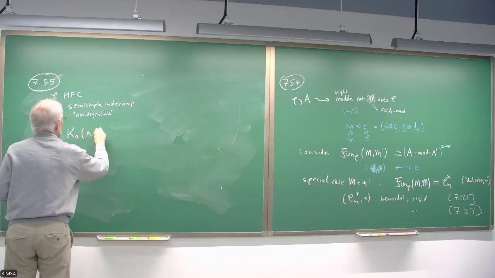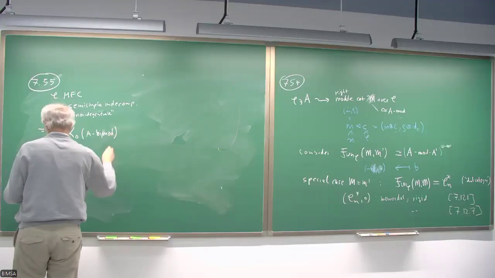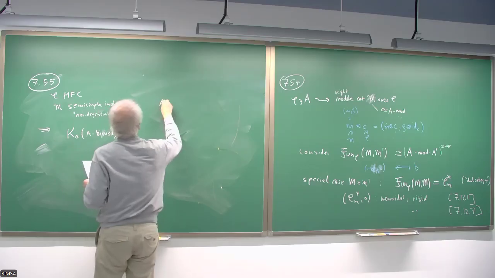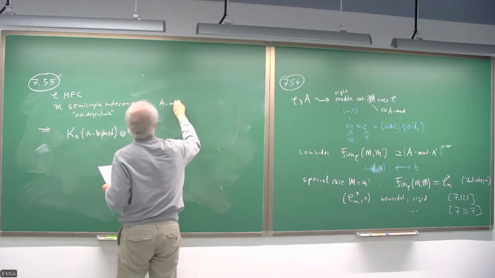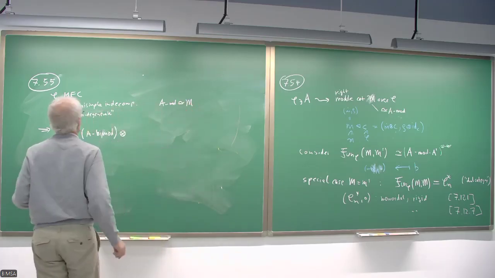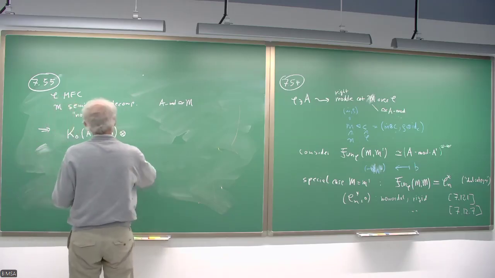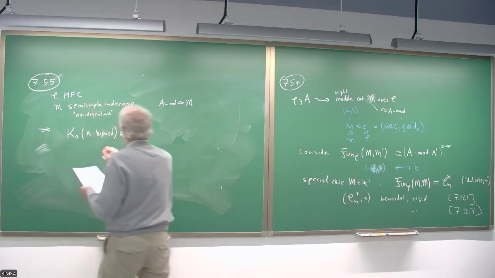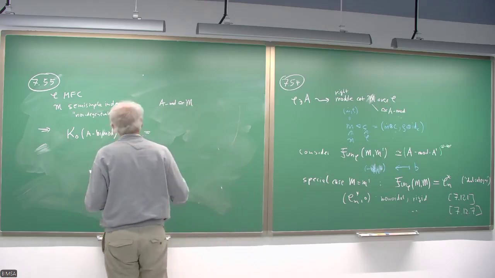So if I look at the category of bimodules, or A, well, A such that its modules are equivalent to M, then one can write this algebra, which we often call the fusion algebra.